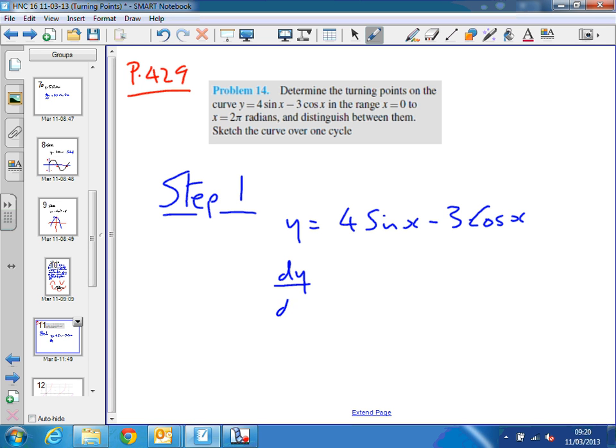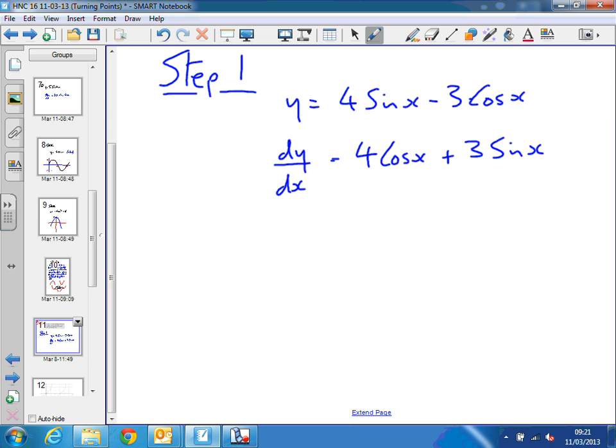The rate of change of y with respect to x is 4 cos x, and cos becomes sine, but minus sine, because this is already negative, minus a minus becomes plus 3 sine x. So just beware signs when you've got those negatives in there like that. Okay? So that's step 1.